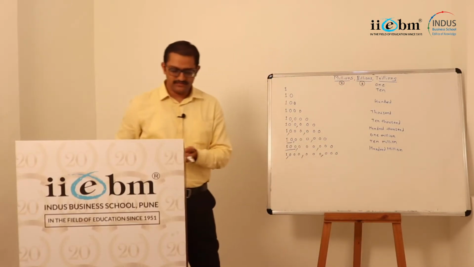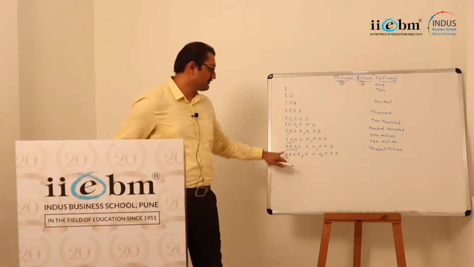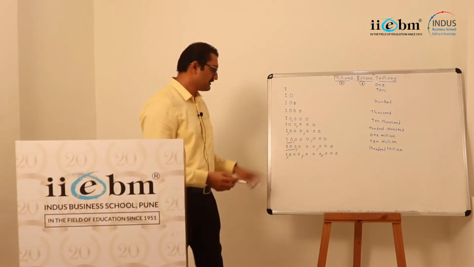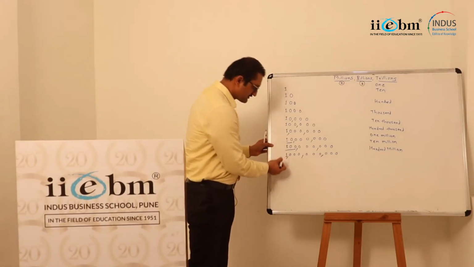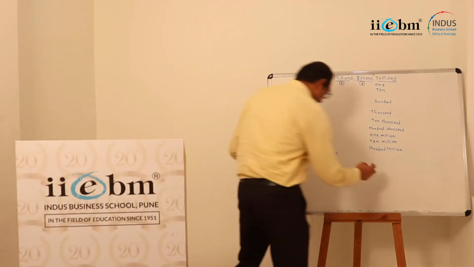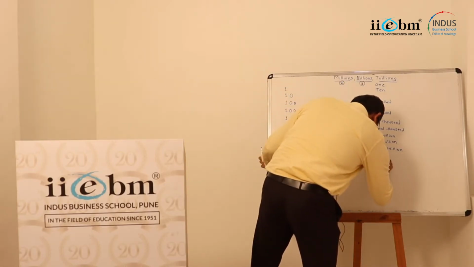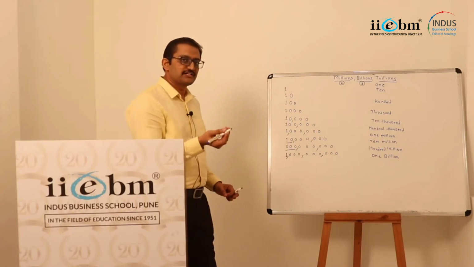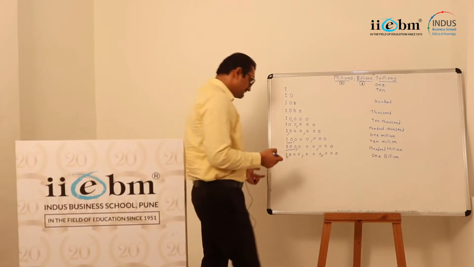So when we have 3 commas in a number, we can say that this number is in billions. Now how many billion? 1 billion. Right now this number is 1 billion.